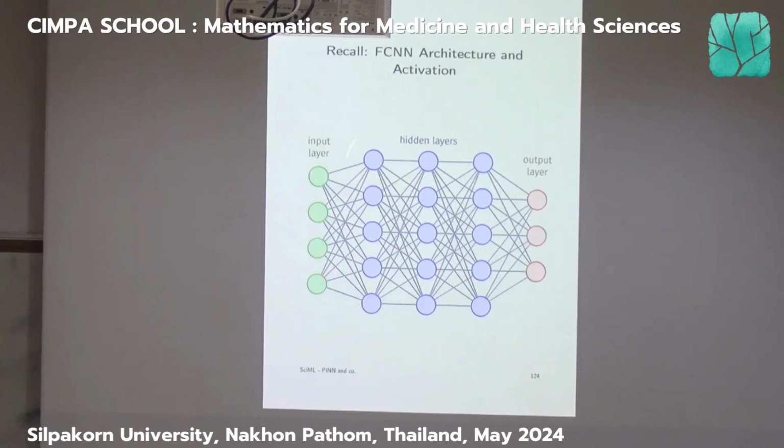You've got 12 times 4 times 20, 240. You've got about 1,000 parameters just in this neural network.